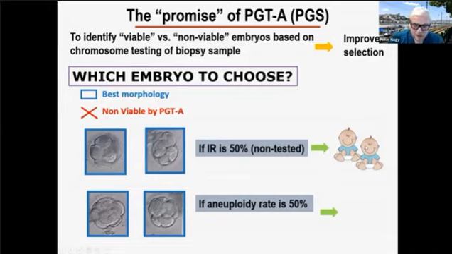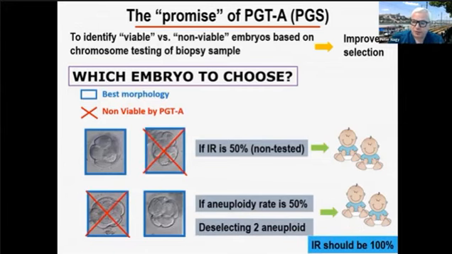Let's also assume that the aneuploidy rate for this specific patient is 50%, which is quite usual to see as an average. If you perform an embryo biopsy and deselect the aneuploid embryos, so you have 2 euploid and 2 aneuploid embryos, you remove the aneuploid ones and transfer only the 2 euploid embryos, then you should also have the same 2 babies. That means your implantation rate should now increase from 50% to 100%.